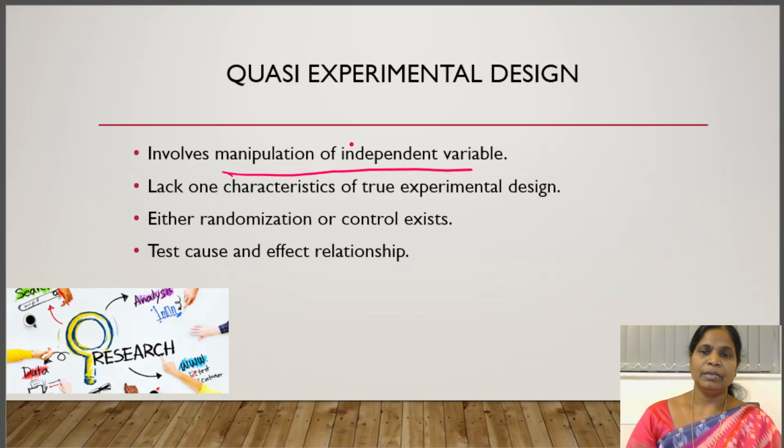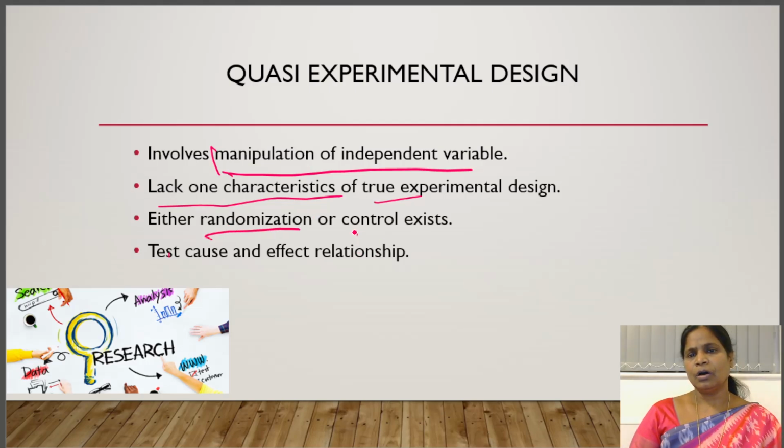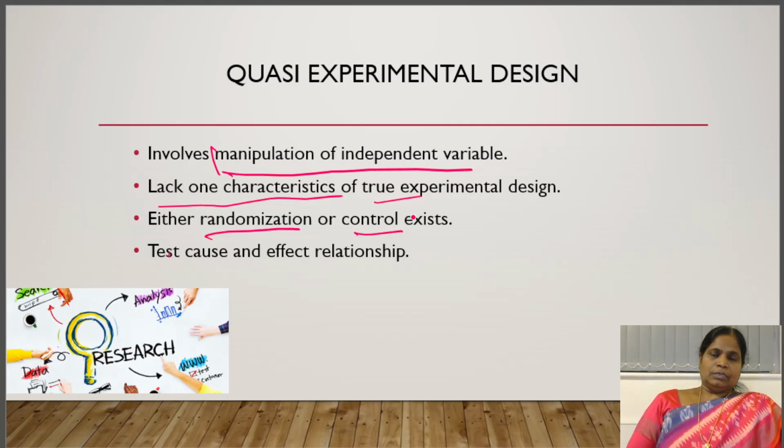When we say independent variable, actually it is not subjected to any change, but in quasi-experimental research design, manipulation of it is done by the researcher. And there is a lack of one characteristic of true experimental research design. So at least one element will be missing, either randomization or control. One will definitely be missing.